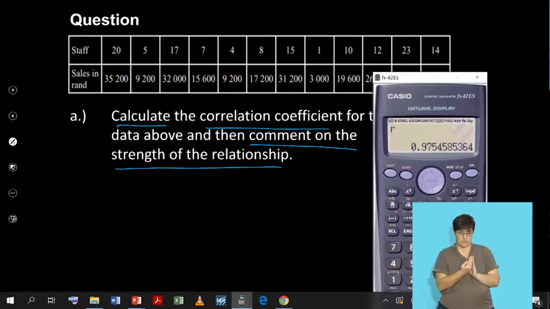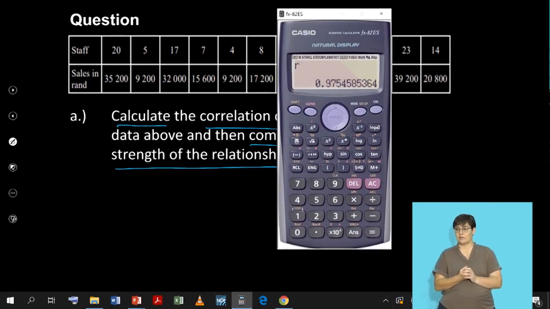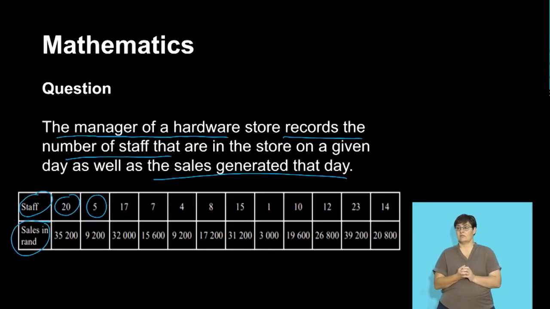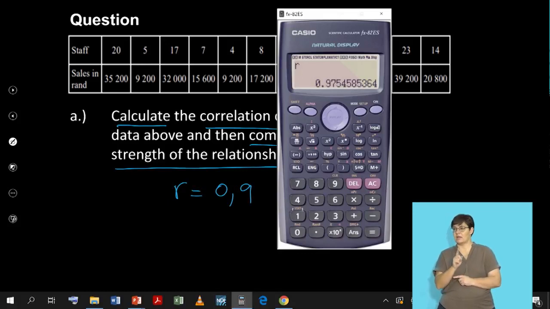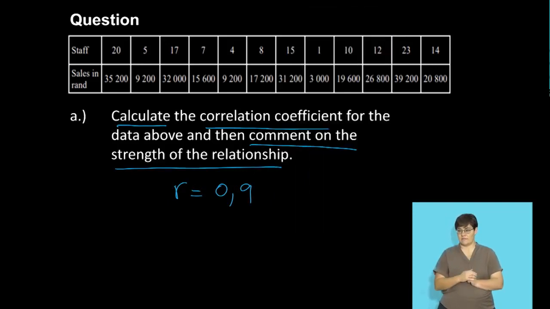Any instruction is very important. Okay. If R is, let's go back there. R is 0.975. That's the correlation.